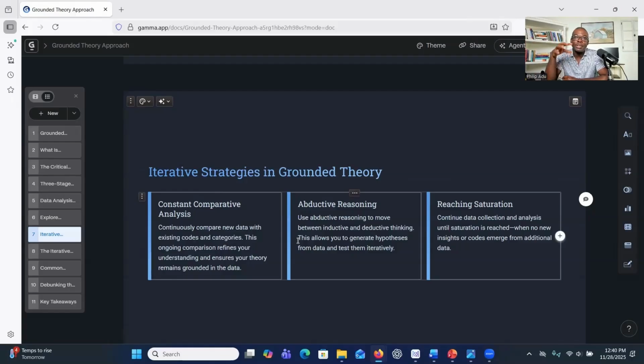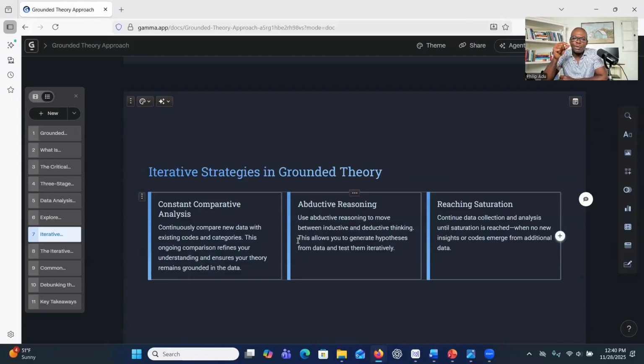Deductive means that you already have a theory or hypothesis, and then you want to collect data to test the theory and see whether the theory is true or not. This is done mostly when you are doing a quantitative study. But in grounded theory, you have both approaches. The combination of inductive and deductive is called adaptive.